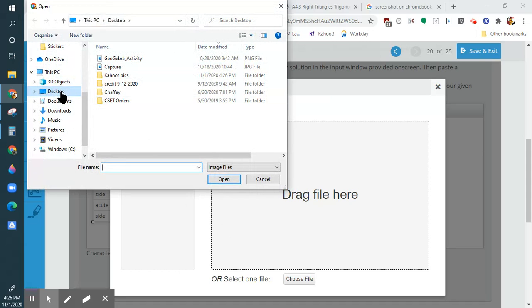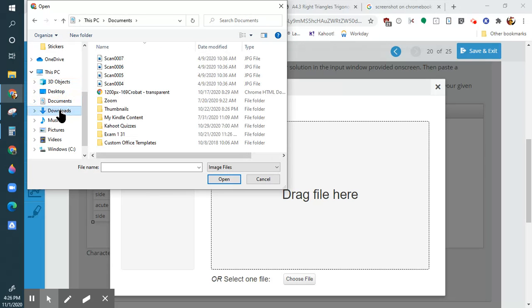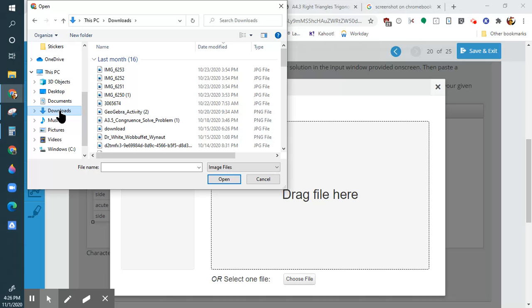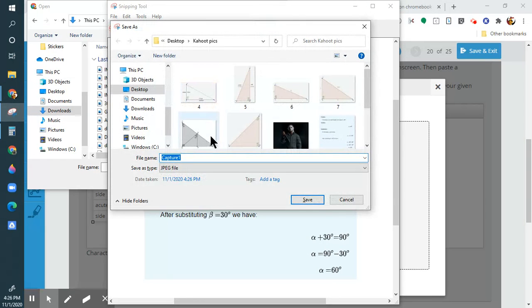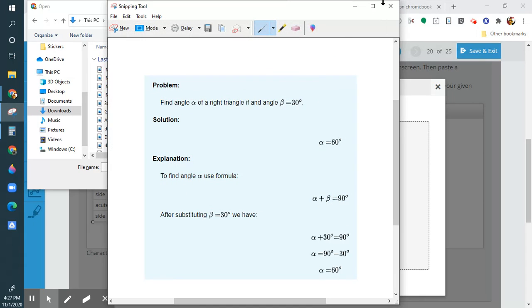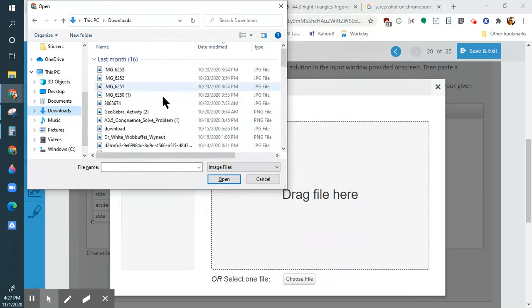Where's my capture one? I thought I put capture one. Where'd it go? Oh, I have it saved in Kahoot pictures. Well, I'll fix that later.